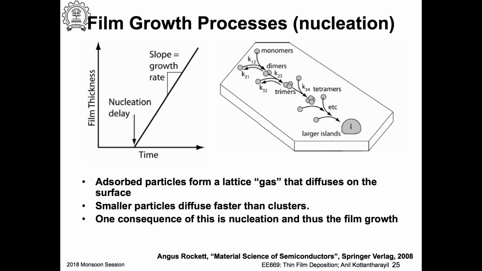It's easy for me to deposit a thicker film and characterize it. So I grow a 20 nanometer film, I do the thickness determination, and this is my time, and this is the thickness that I got.